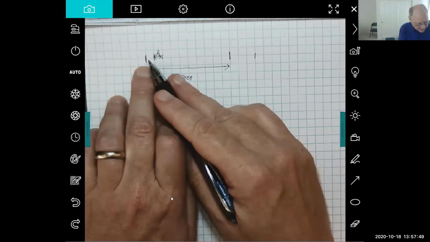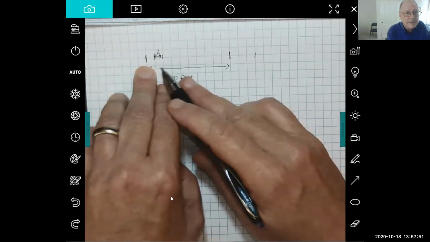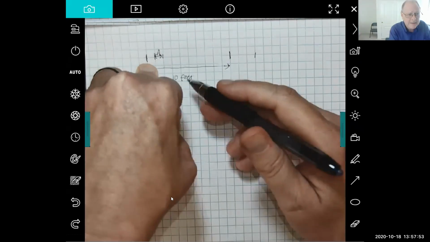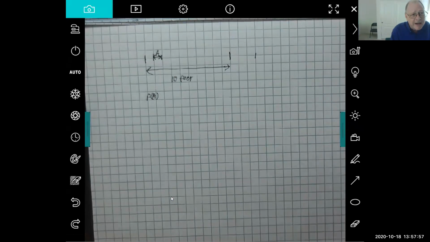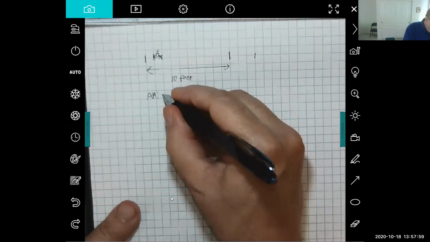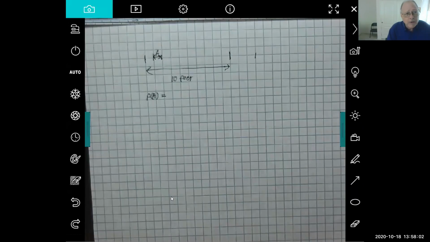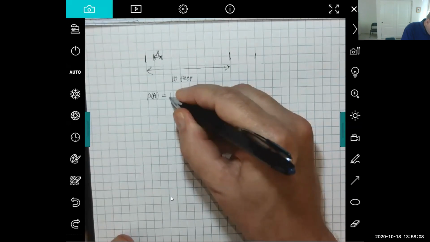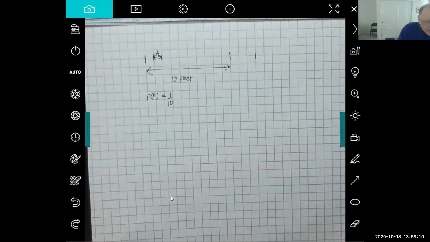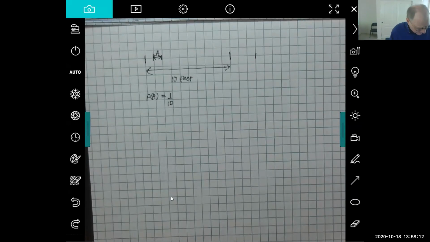Well, if I do this in such a way that all locations are equally likely to be hit, then A there occupies 1 foot, and the whole blackboard is 10 feet long. So I get 1/10.